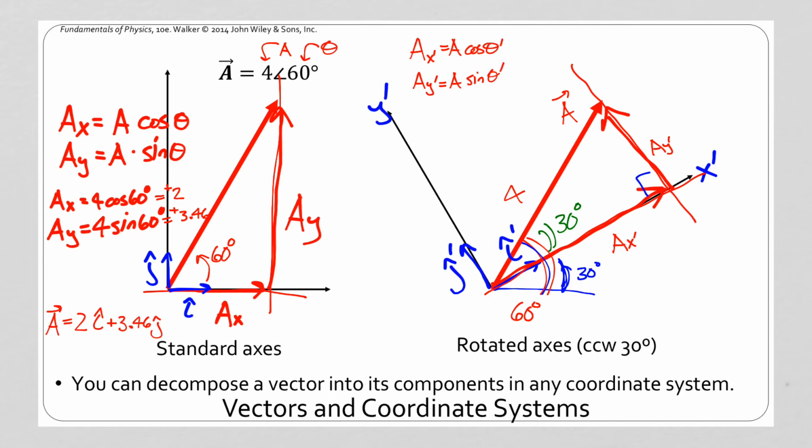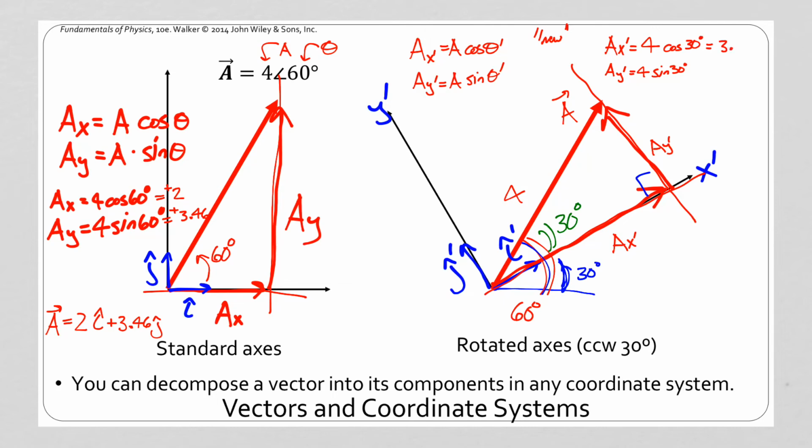Here the primes just mean the new value of that variable, right? It's the new x and the new y. So in this case, ax prime is going to be the magnitude of the vector. The magnitude of the vector is still 4. It's still the same vector. The angle is now 30 degrees instead of 60 because of how far we rotated these axes.